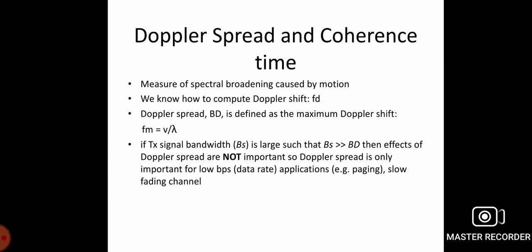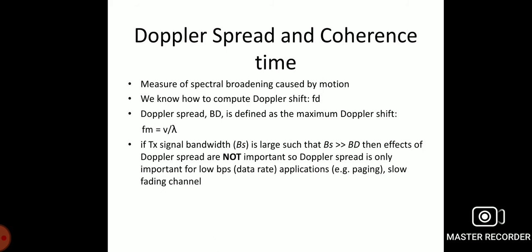Now, if the bandwidth of the baseband signal is higher than the Doppler spread, then the effect of the Doppler spread will be very small at the receiver, and such a type of channel is rated as a slow fading channel. So the parameters coherence time and Doppler spread are inversely proportional to each other.